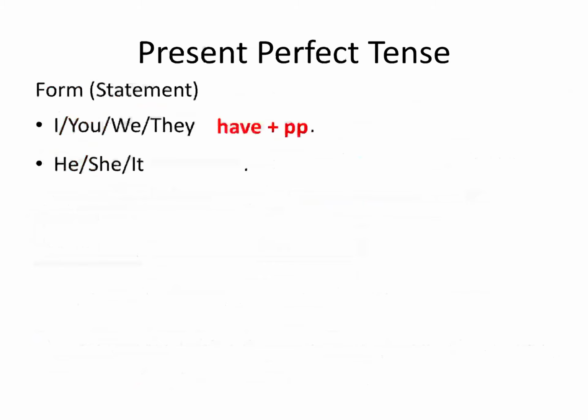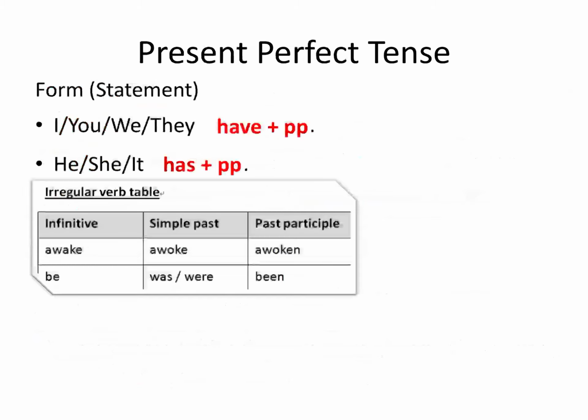Let's move on to present perfect tense. The verb involves two parts: have or has, depending on the subject, plus PP. So what is PP? When we look at the verb table, PP is past participle. For example, do, did, done.